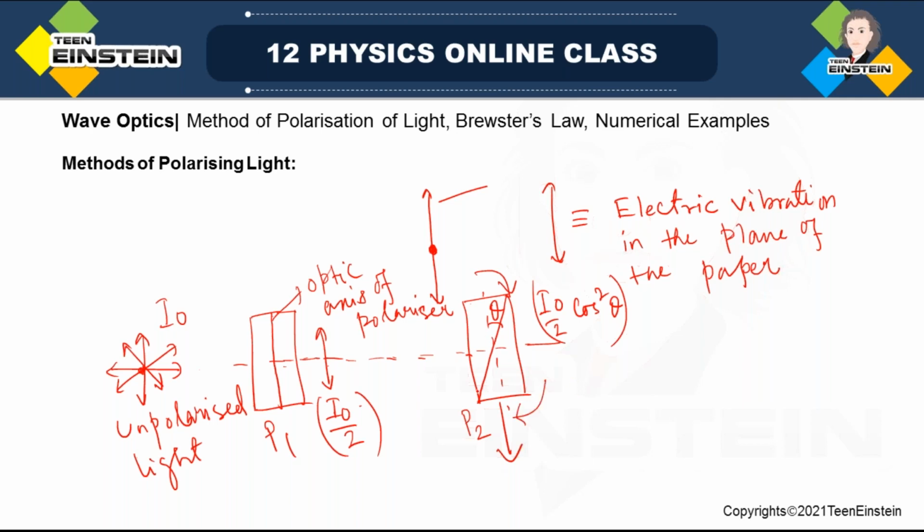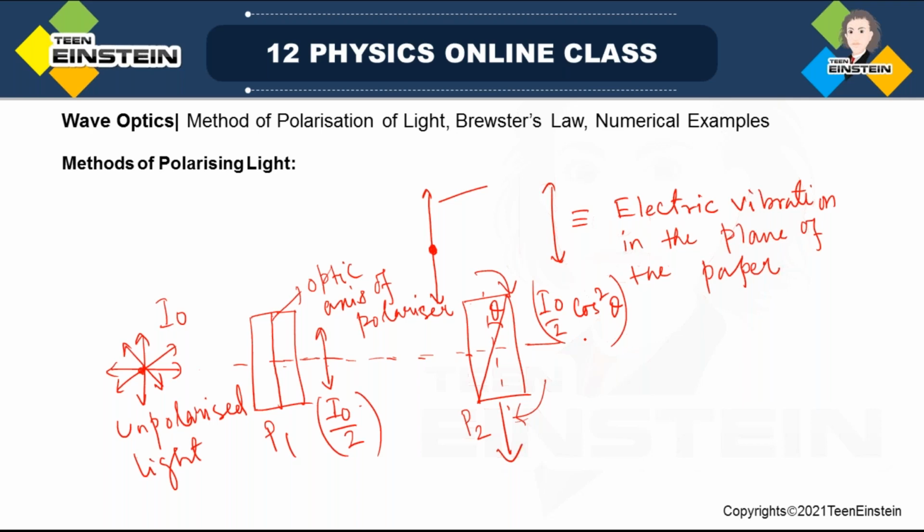So this second polarizer helps you understand whether the light passing through is unpolarized or polarized. That's why the second polarizer is called the analyzer. All right, so this is what we have learned.